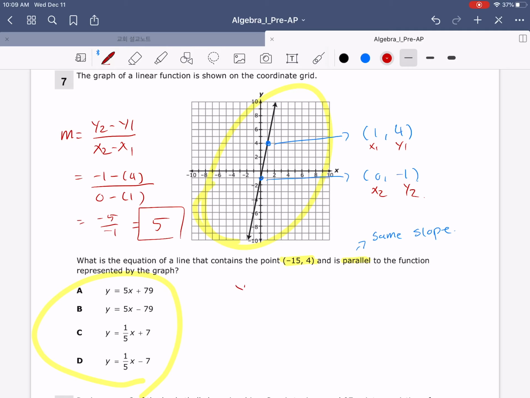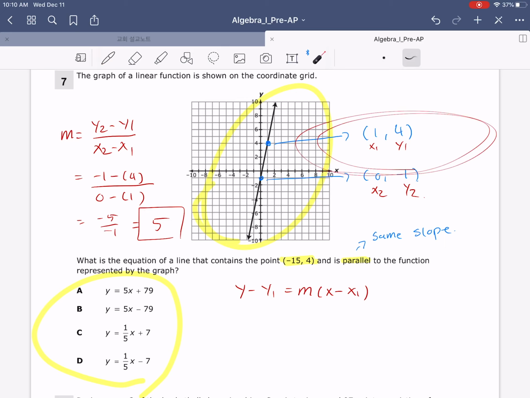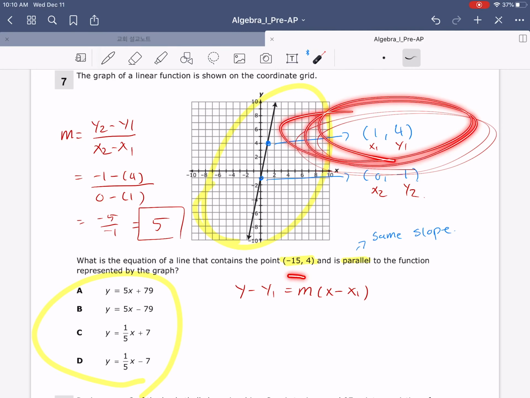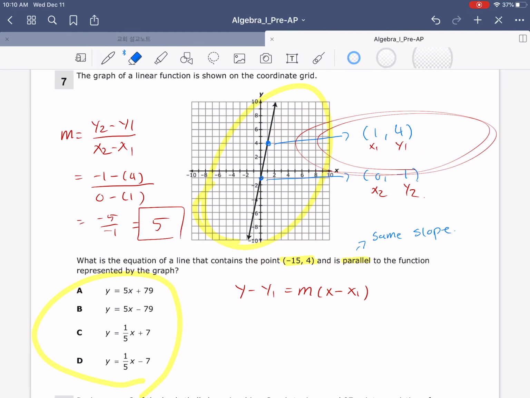Again, here we're going to use this simple formula, which is the point-slope formula. Instead of this x1 and y1, we are going to use this point as our x1 and y1.